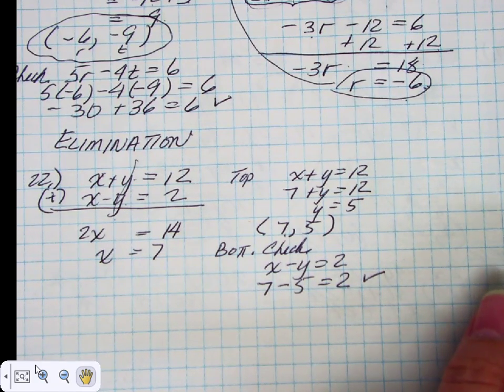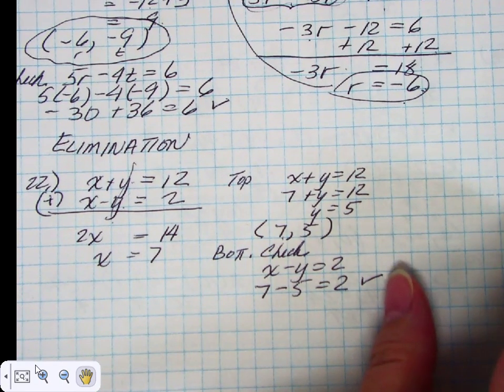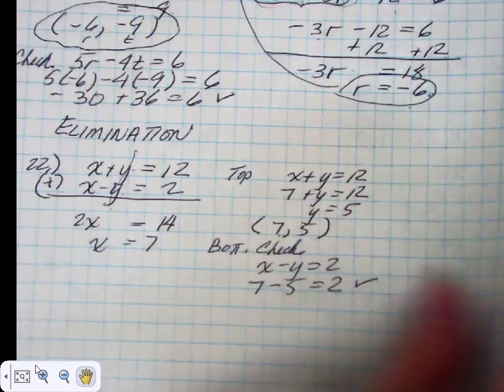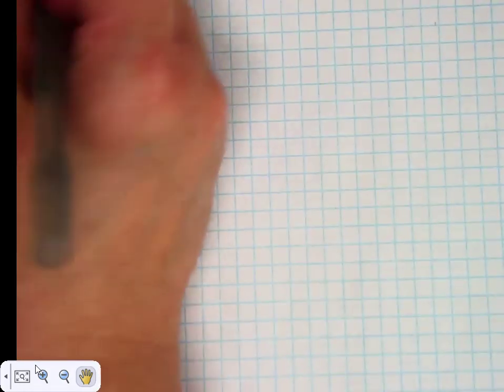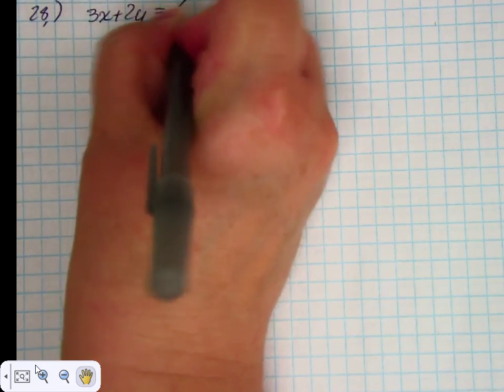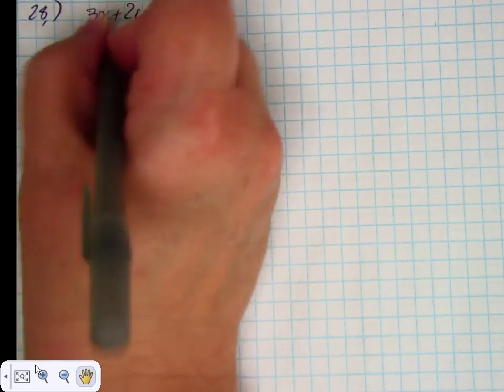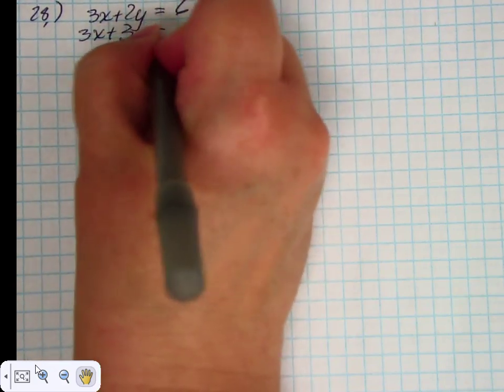Let's try this one more time. Let's take a look at a problem like 28. So for 28, I have 3x plus 2y is equal to 6, and 3x plus 3 is equal to y.